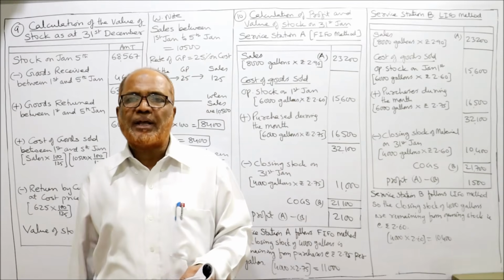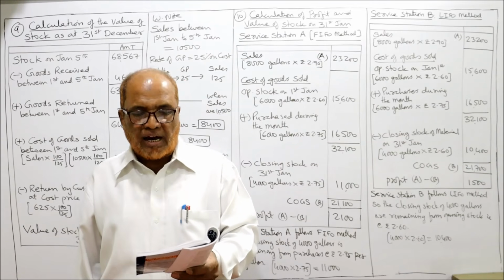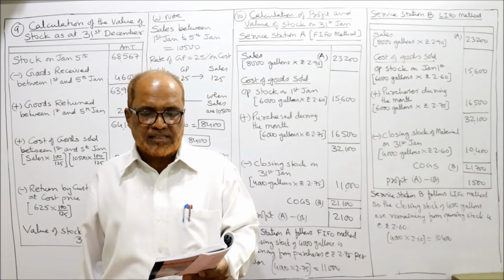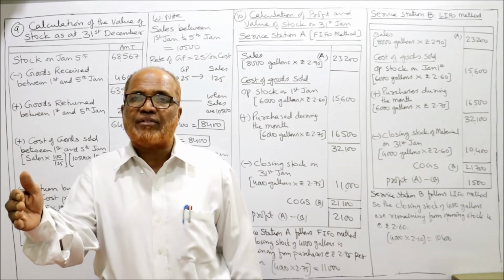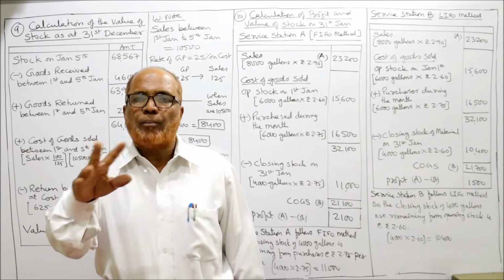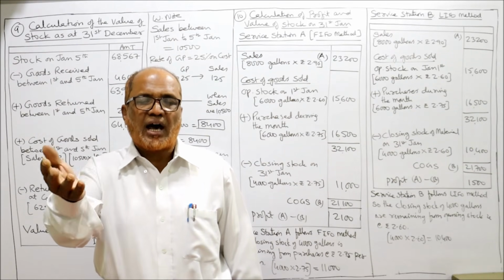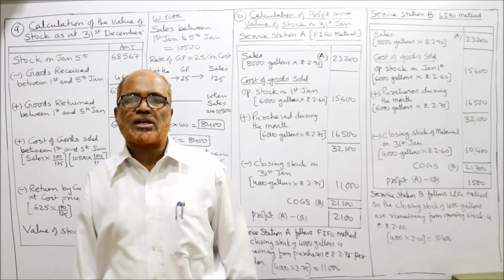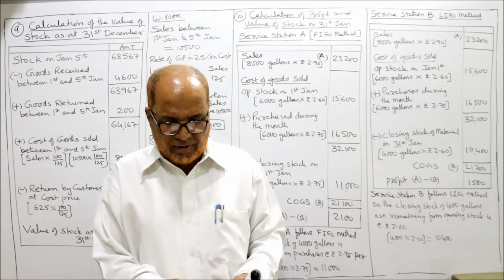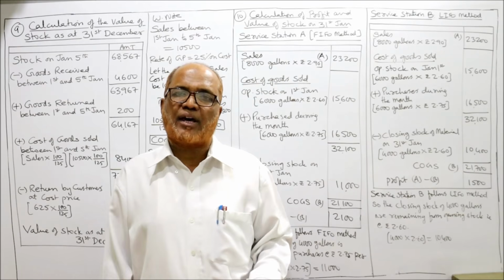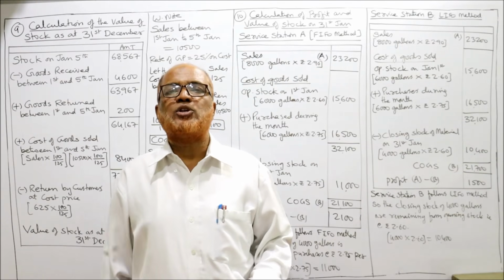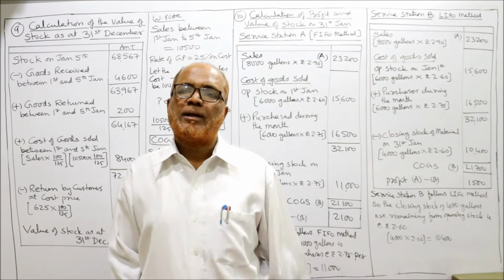Now during the month, each station received additional supply of 6,000 gallons at rupee 2.75 per gallon. So during the whole month of January, both the service stations have received 6,000 gallons at rupee 2.75 each. Sales of these two stations during the month were 8,000 gallons at rupee 2.90 per gallon.